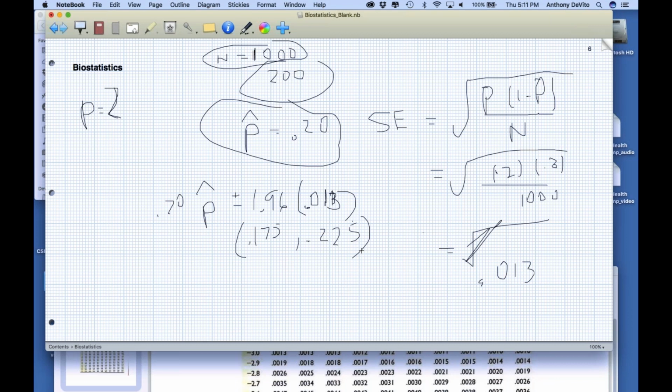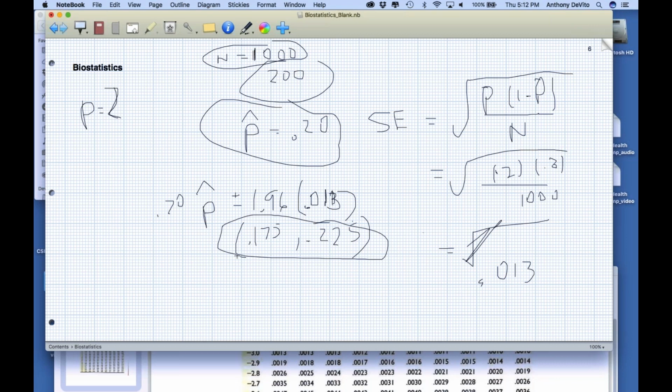So see how we can use our understanding of how sampling distributions work to help us understand what kind of precision or accuracy we have in predicting the mean. Does this mean that the true proportion is between those two numbers? No, we're only 95% certain. There's a 5% chance we're wrong, that it's lower or higher than this.